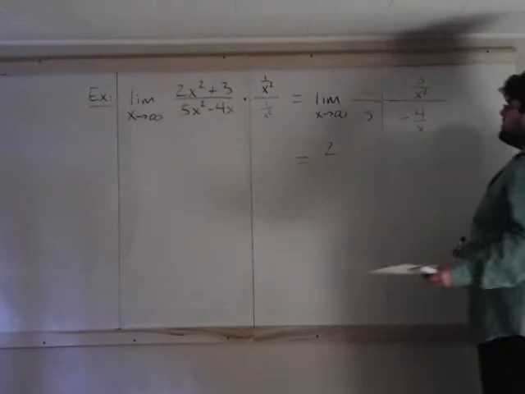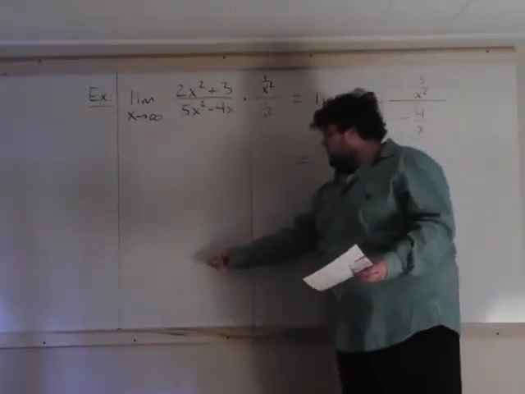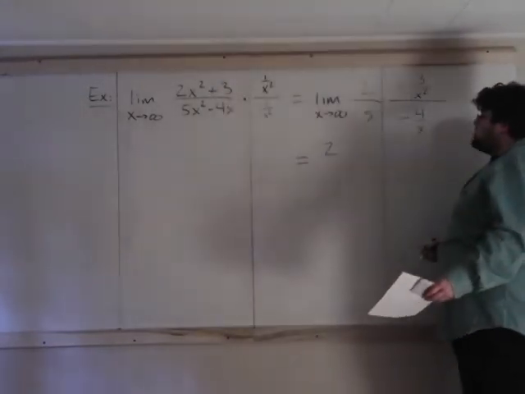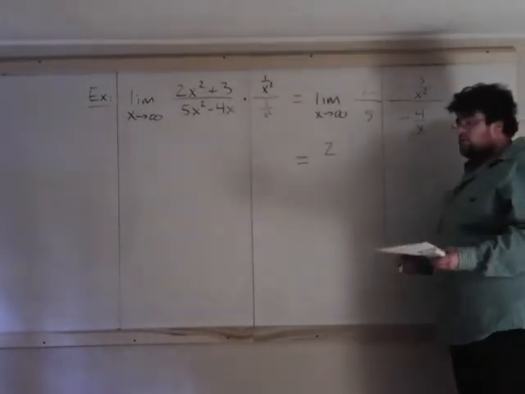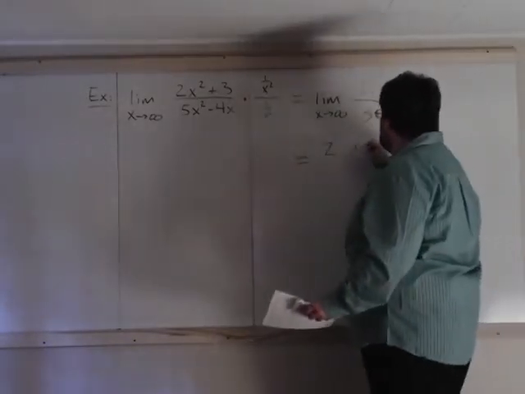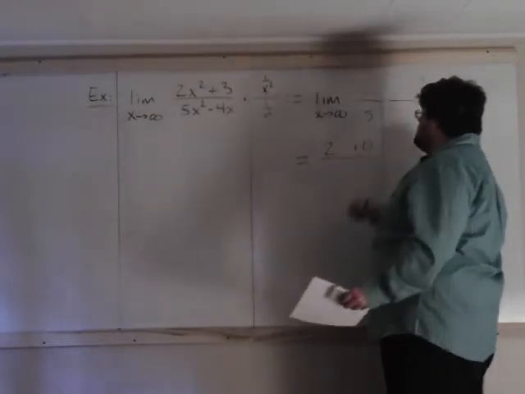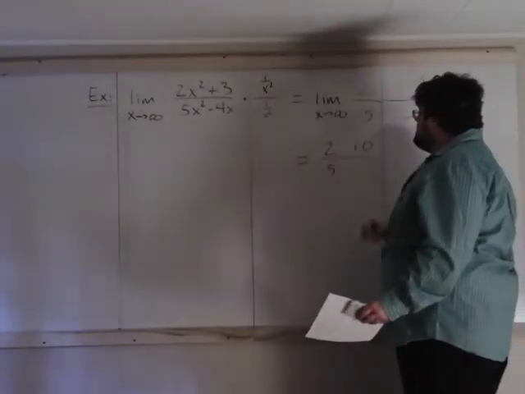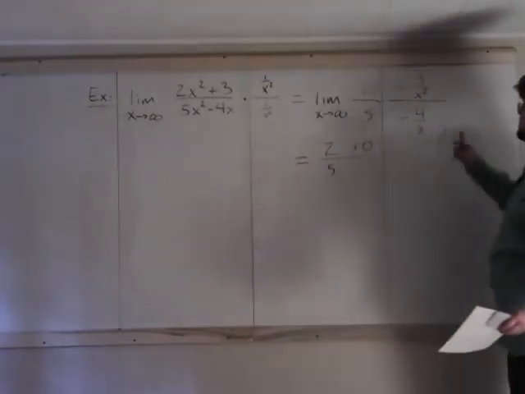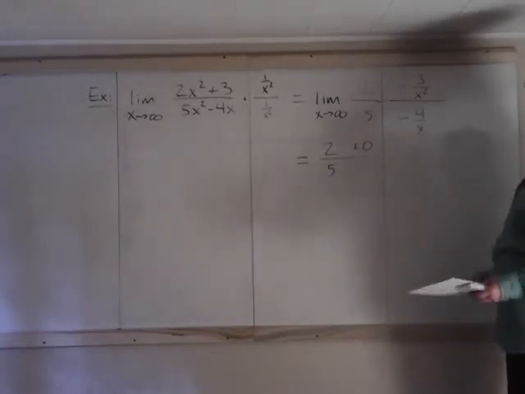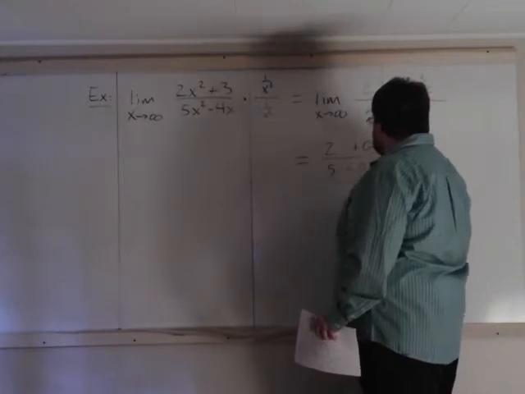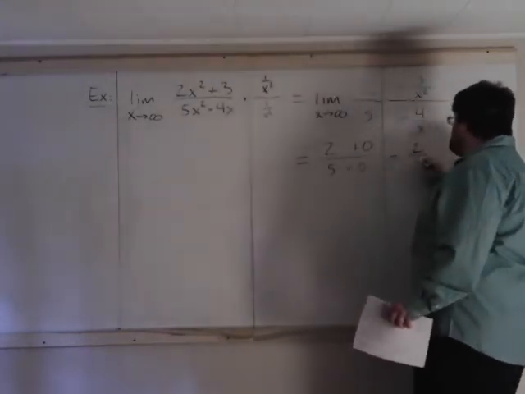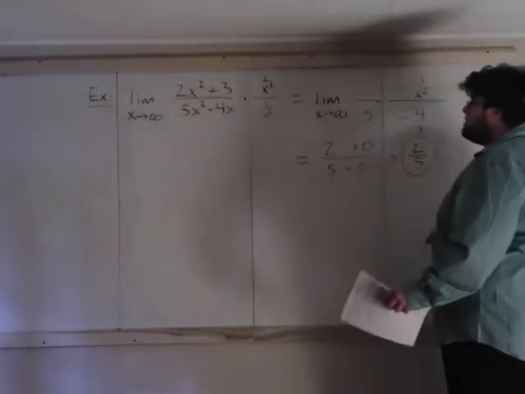We know 1 over x squared from the observation over there. 1 over x squared as x goes to infinity is 0. 3 times 0 is 0. And on the bottom, as x goes to infinity, 5 does not change. And as x goes to infinity, this is negative 4 times 1 over x. Negative 4 times 0 is 0. So here we have, this limit is 2/5.